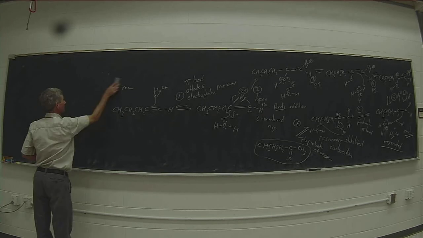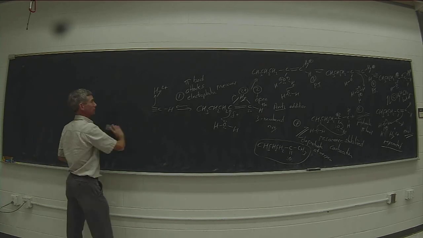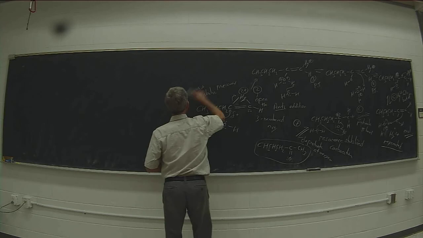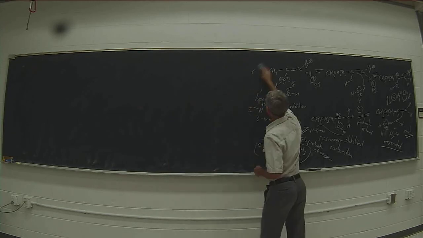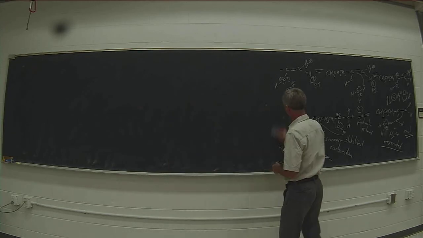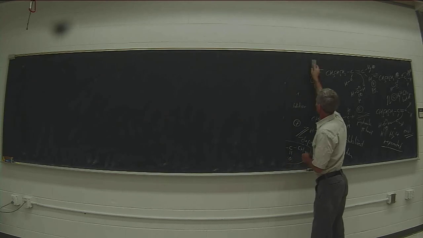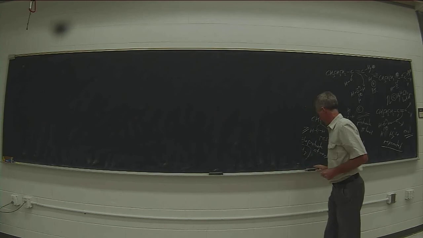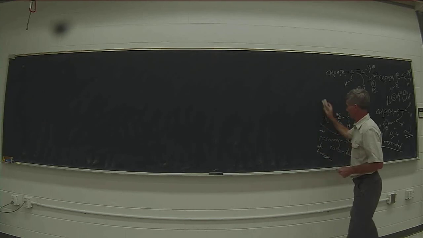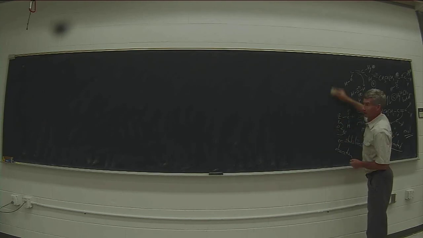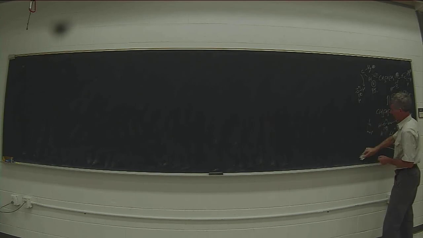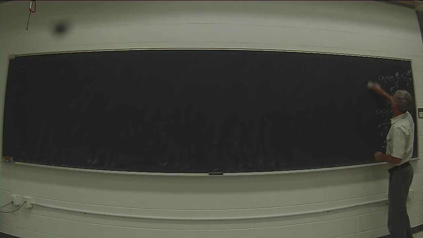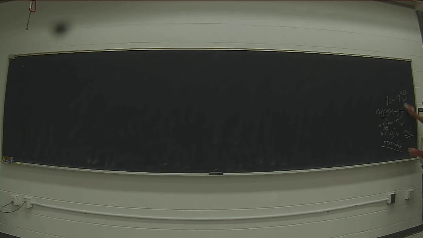What about the hydroboration oxidation reaction to generate the aldehyde? If you know the mechanism for hydroboration oxidation of an alkene, you effectively know the mechanism for the hydroboration oxidation of an alkyne, because with the exception of the tautomerization at the end, the mechanism is the same.